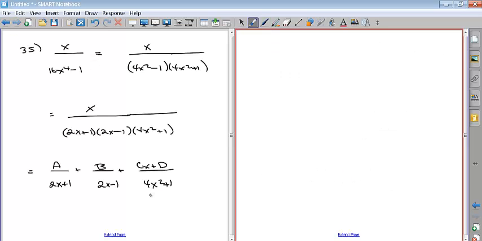Now this one you can't do quite as simply. You have to take the first term and you've got to multiply by 2x minus 1 and by x. And you got to do that in both the numerator and the denominator so that we get the entire factored denominator. Then you have the same thing with b.